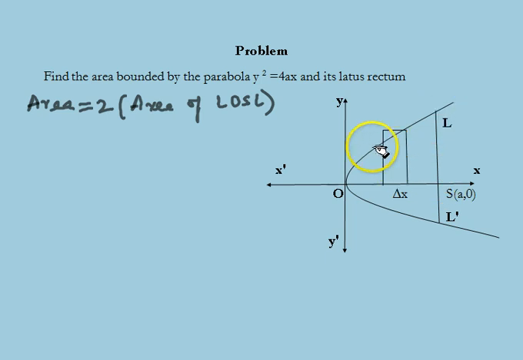LOSL. Here we are going to slice the area LOSL into vertical strips for the approximating rectangle, as shown in this figure. Now the length of this approximating rectangle is, let's say, y, and its width is delta x. Therefore, the area of this approximating rectangle is equal to y delta x.